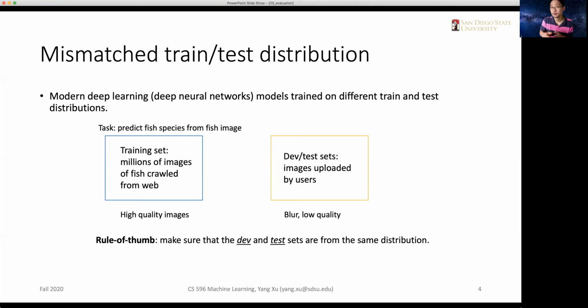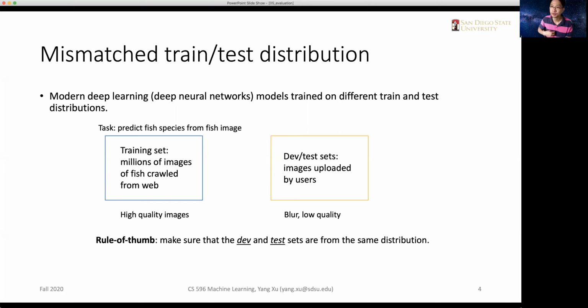For example, in this development of the fish image classification, when we train the model, it's okay to use very high quality images for the training sets, but considering the users might upload very blurry, low quality images, we had better use those blurry or low quality images as the dev sets, because we don't know about the test.